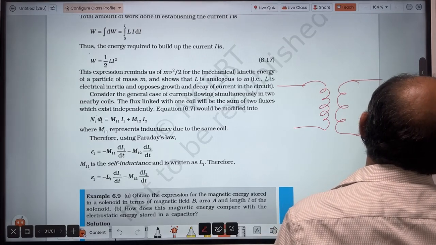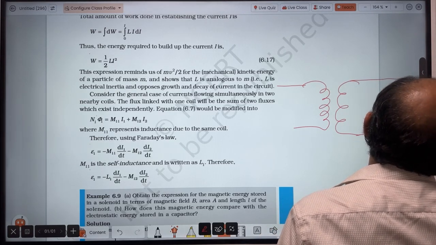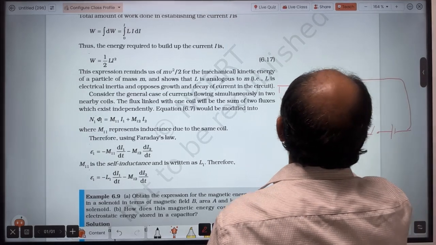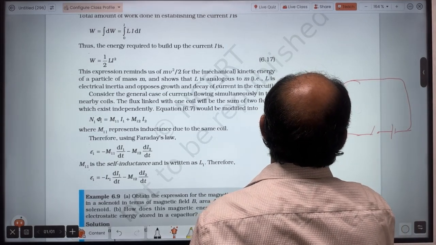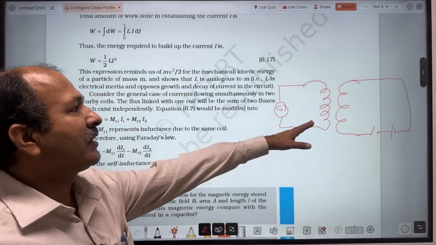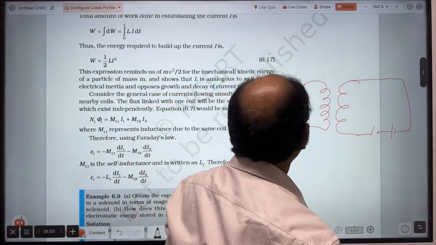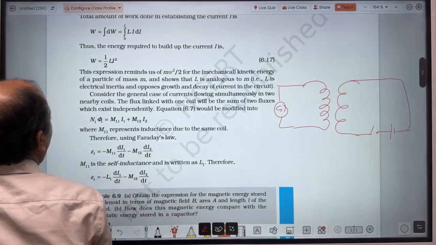And here it has a current source also like this, right? This contains, suppose, a galvanometer. Then what happens when the switch is closed? Then current will start flowing here. Then the flux linked with this coil will change. So that thing we are going to discuss here.